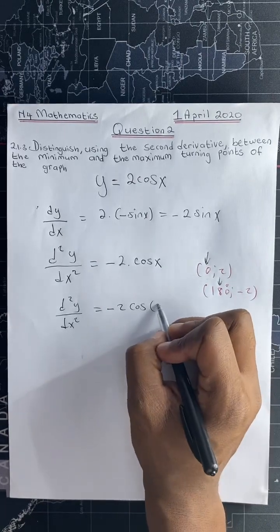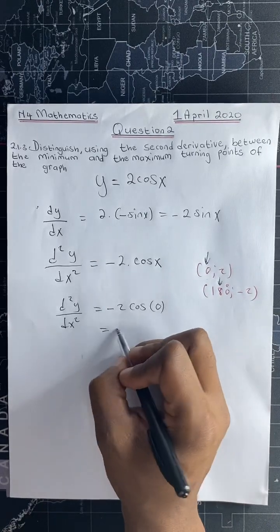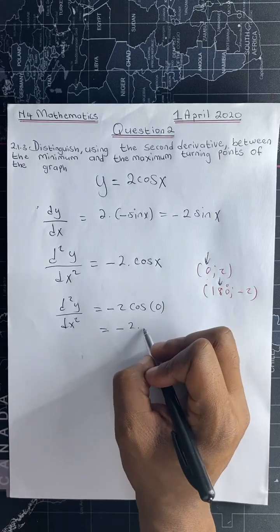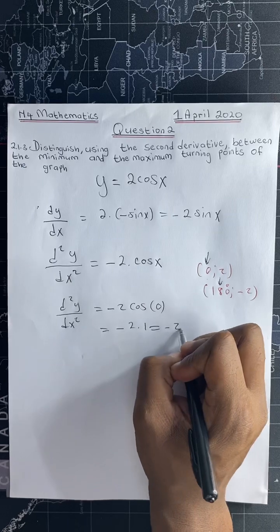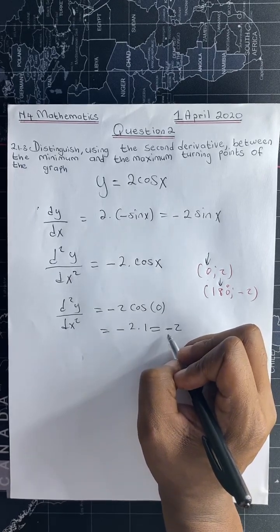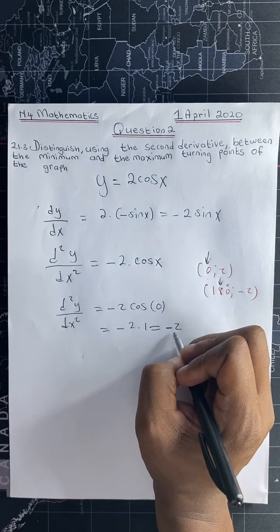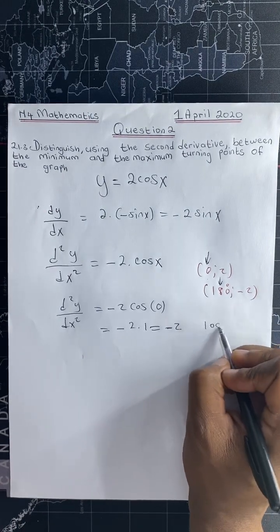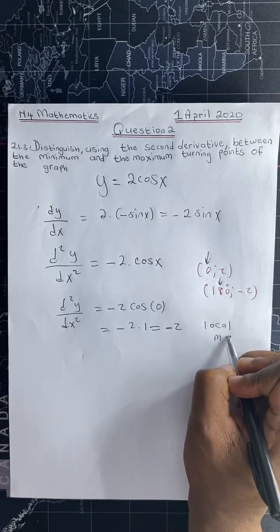We first substitute the 0, and this will be negative 2 multiplied by cos of 0, which is 1, and this will be equal to negative 2. Since we have a negative value, this means a local maximum.